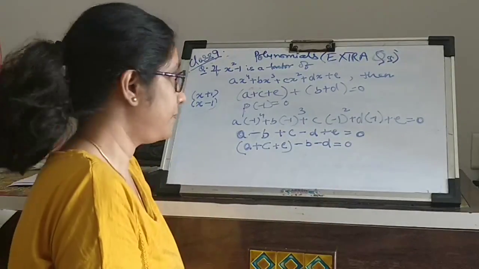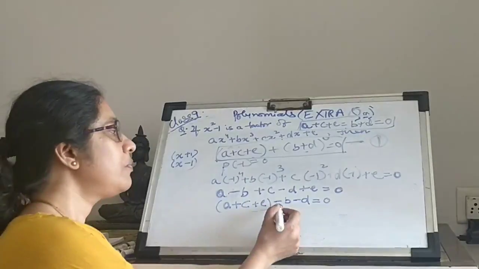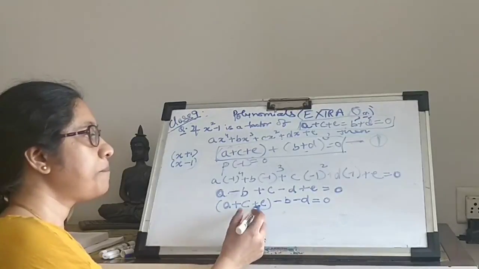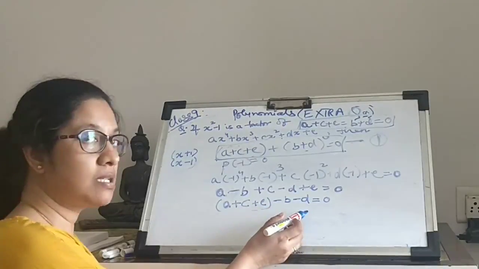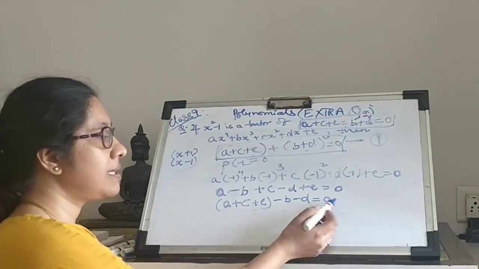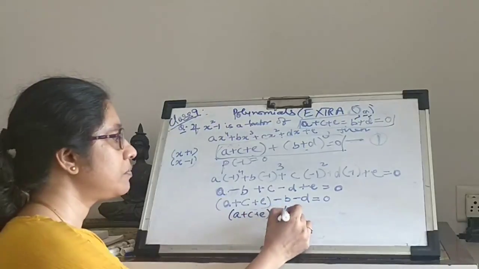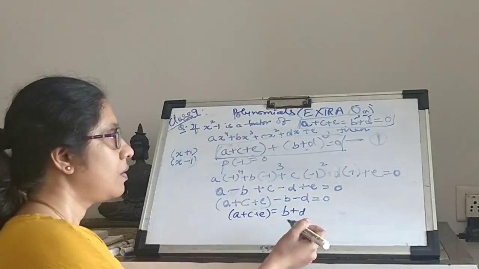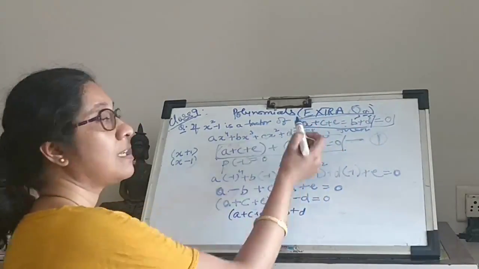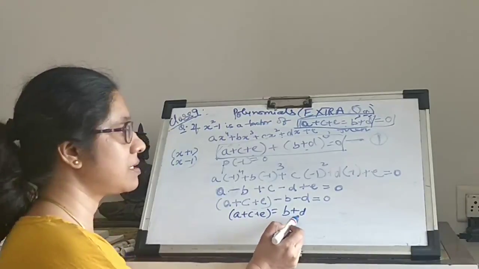Looks like we are getting into something now. So what we see here is that A plus C plus E minus B minus D is equal to 0. Okay, so we'll just take B and D that side, so that we get A plus C plus E is equal to B plus D, which actually solves half a part. This part has been solved here: A plus C plus E is equal to B plus D.